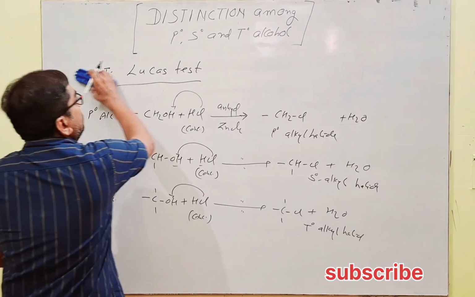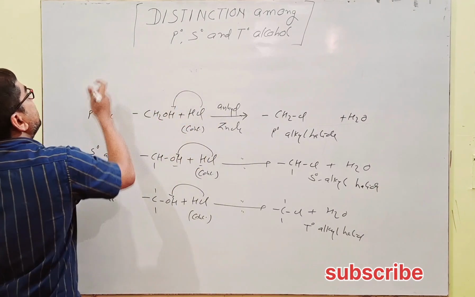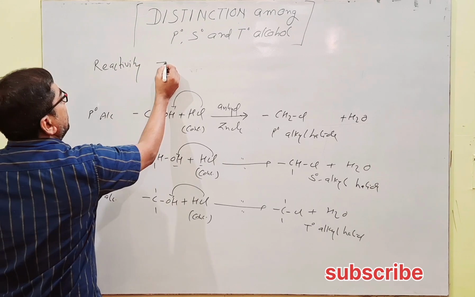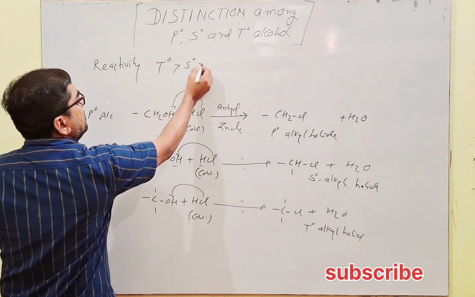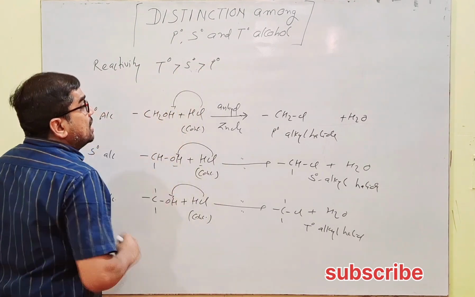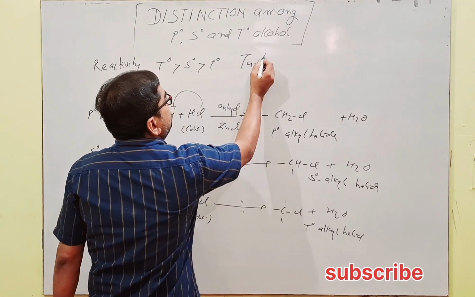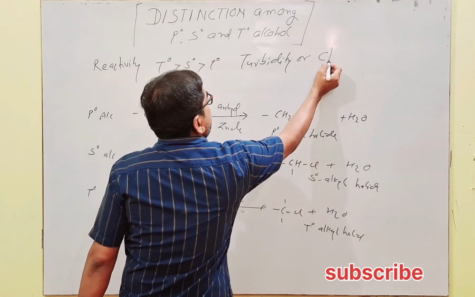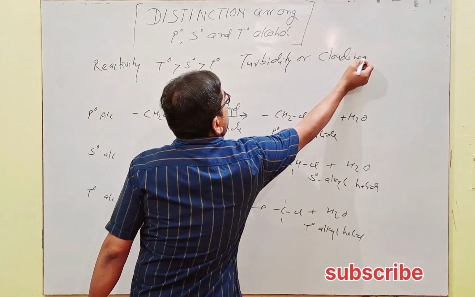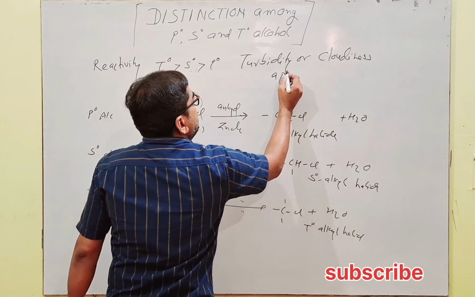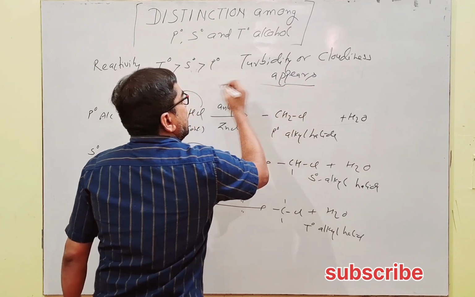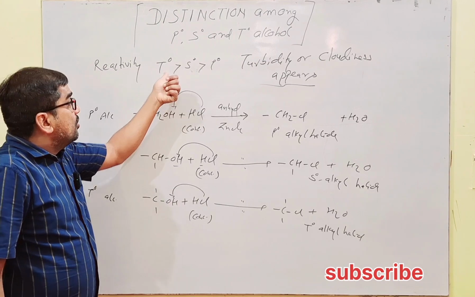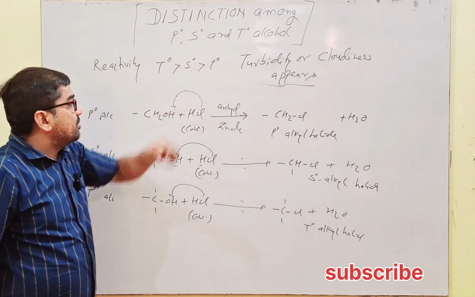But since we know that the order of reactivity is tertiary greater than secondary greater than primary, turbidity or cloudiness appears. सबसे फास्ट इनमें से जो रिएक्टिविटी होगी वो टर्शियरी अल्कोहल्स की होगी, because tertiary is more reactive than secondary, more reactive than primary.